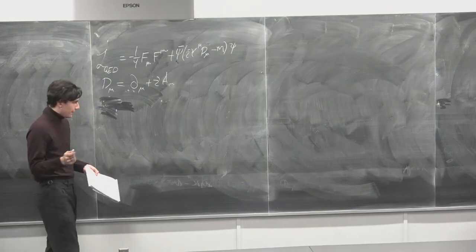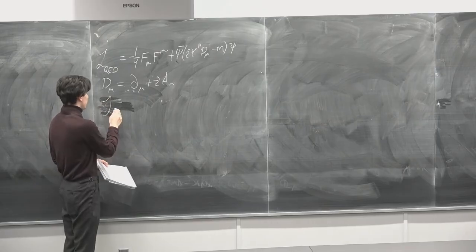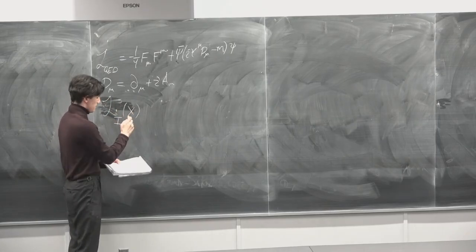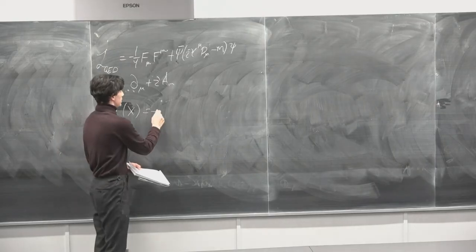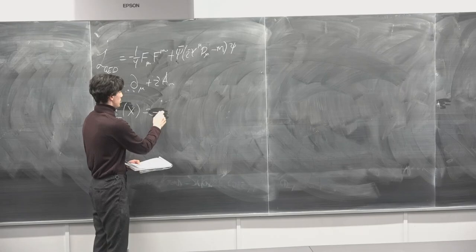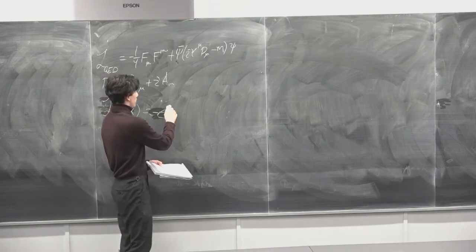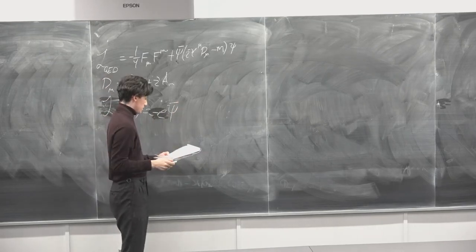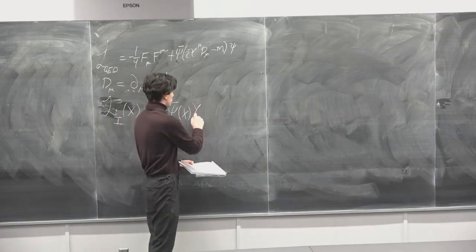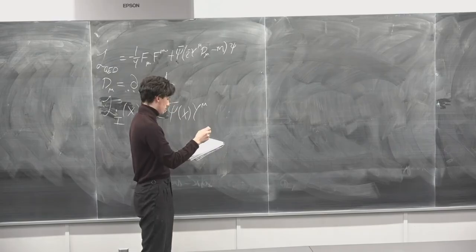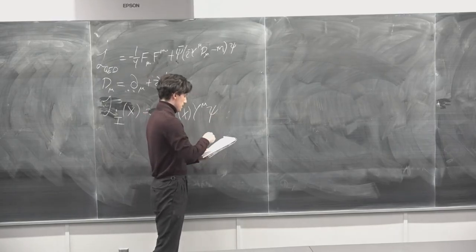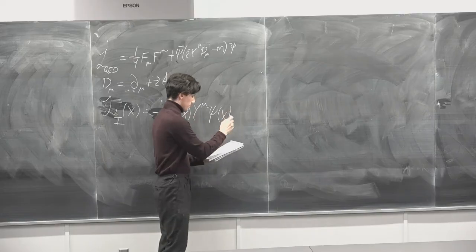So we can define an interaction density of x. So this is equal to minus e. Sorry. So these are all functions now of space-time. Dirac matrix, E, x. Yeah, I'll explain this all in a second.